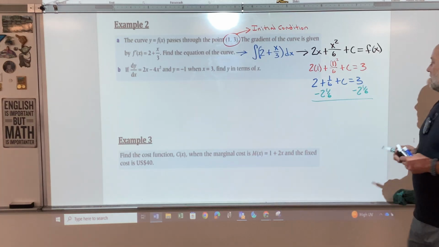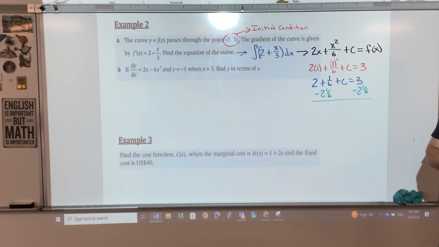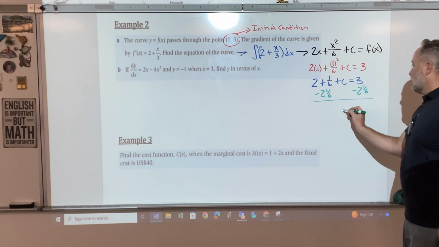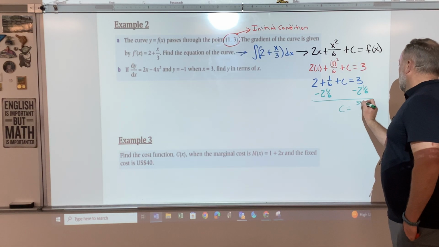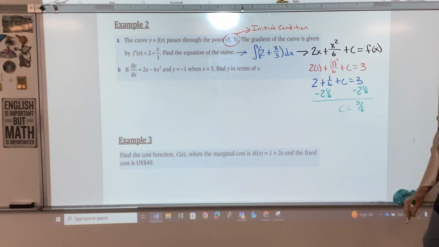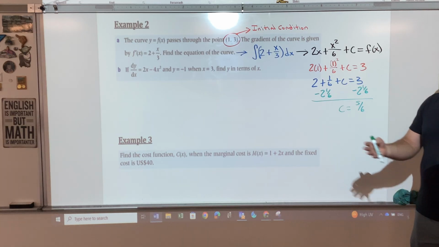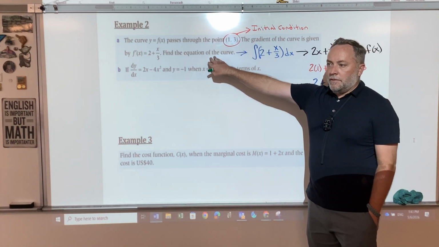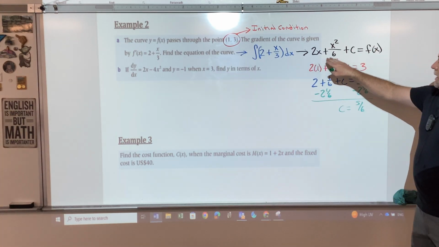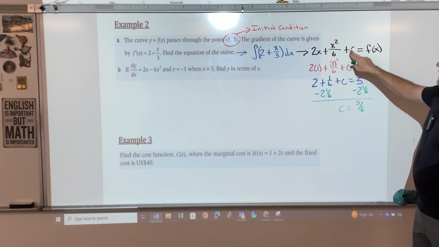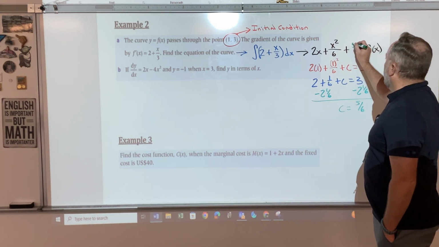What's 3 minus 2 and 1/6? 5/6. So c is equal to 5/6. Okay, so it says, find the equation of the curve. The equation of the curve is this, and we replace c with 5/6.